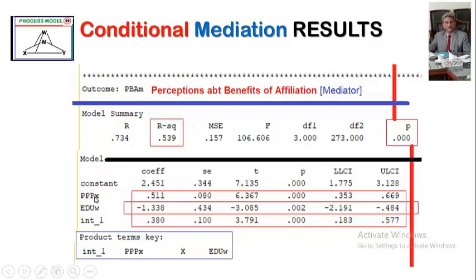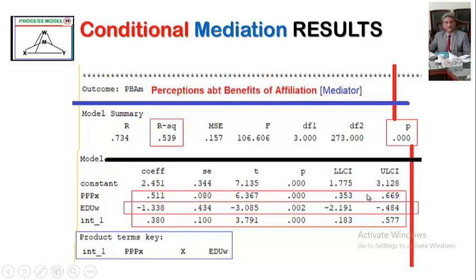For example, the X variable, perception about political parties, has the coefficient of 0.511, which is significant by t-score, which is 6.36, far greater than the required 1.96. P-value is also significant, less than 0.05, and lower and upper limits of confidence intervals have positive signs on both sides.